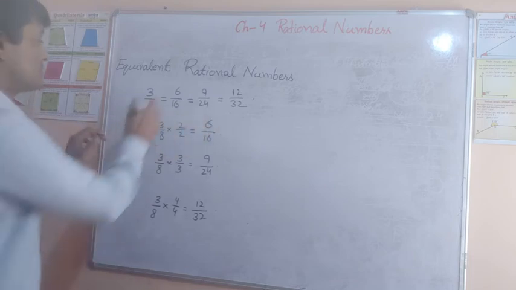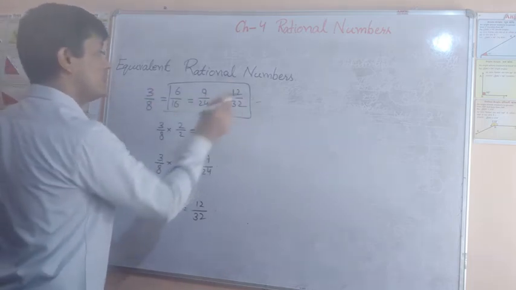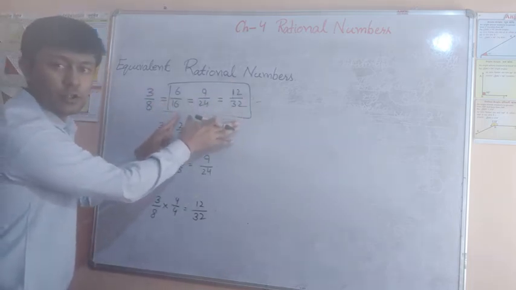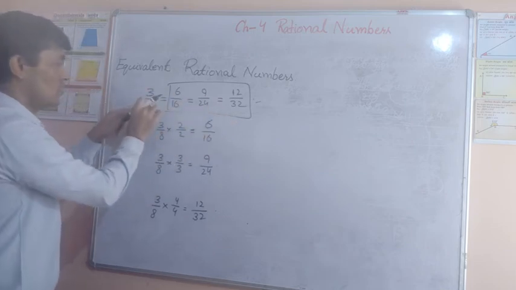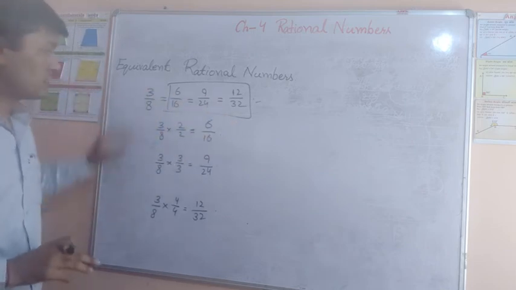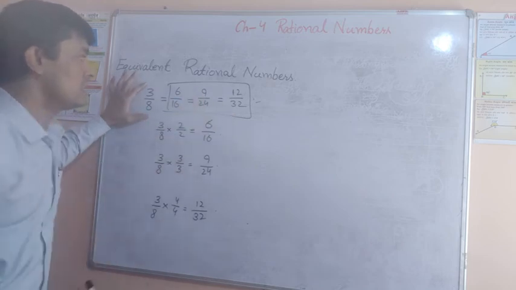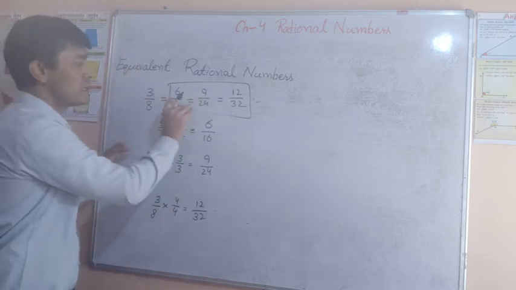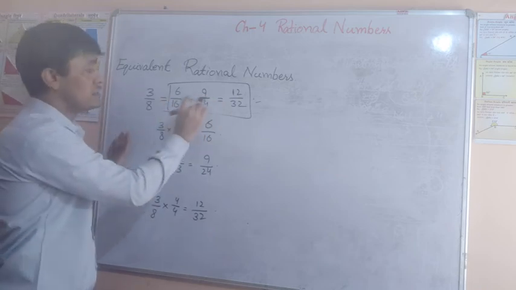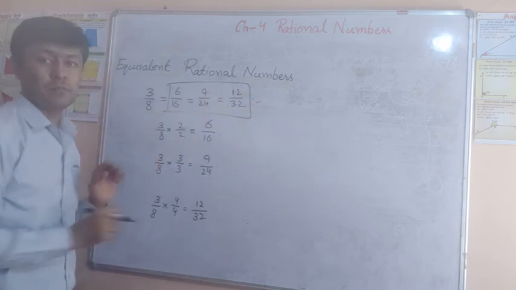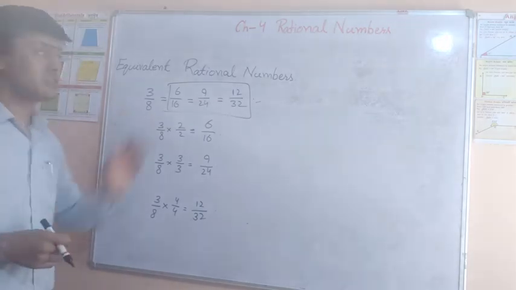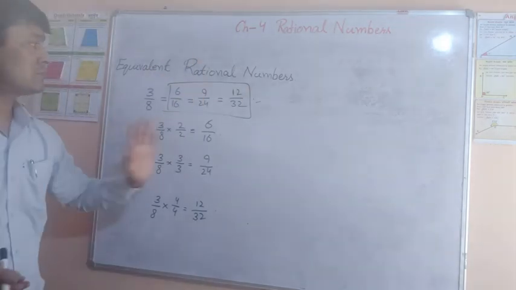These are the 3 equivalent rational numbers. These are 3 equivalent rational numbers of 3 upon 8. 3 upon 8 is the standard form, and these other 3 are its equivalent rational numbers. And these are always written with is equal to. See, is equal to sign is there in between all of these, because all these are equal. These are called equivalent rational numbers.